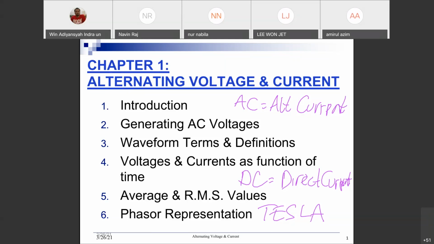But the problem with DC is that they needed a very thick cable, because of the formula. I'm not sure if you still remember this formula.